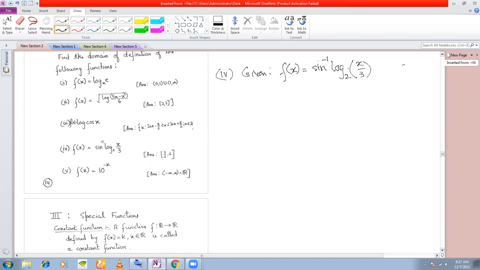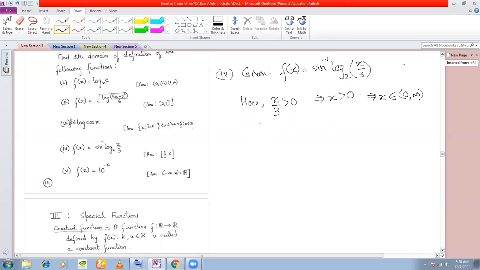Within the log, you have x by 3. And the condition is that whatever is within the log must be positive. That is the first condition for this function to be defined, right? So we write here, you must have x by 3 greater than 0. That means you must have x greater than 0. So this is one condition, right? That means if x is greater than 0, x belongs to which interval? 0, infinity, right?